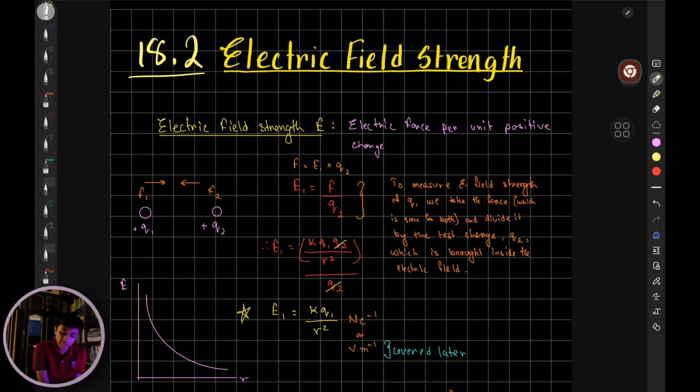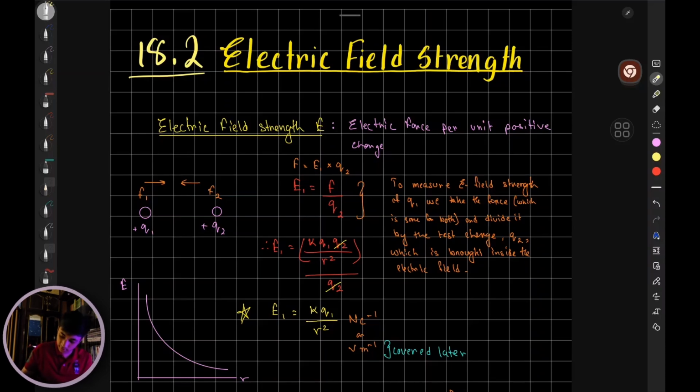How's it similar? If I go through the definition, notice electric field strength, expressed as E, is basically the electric force per unit positive charge.